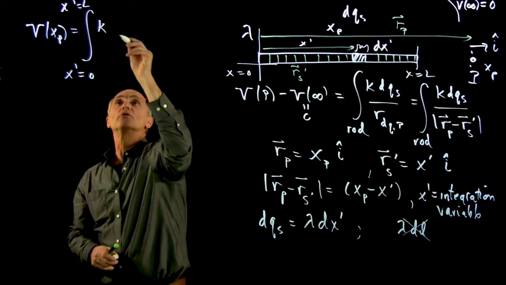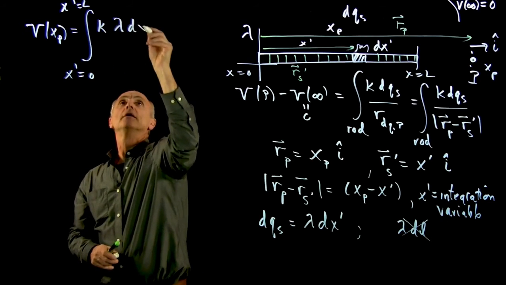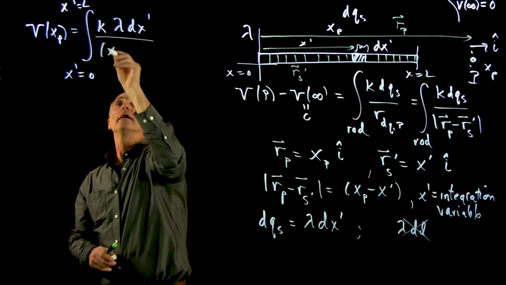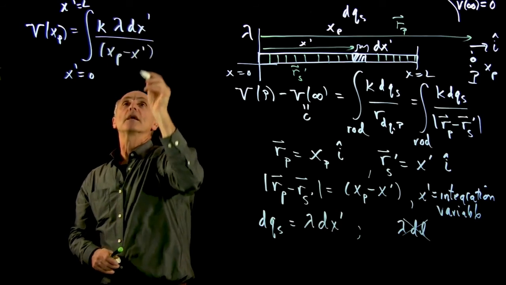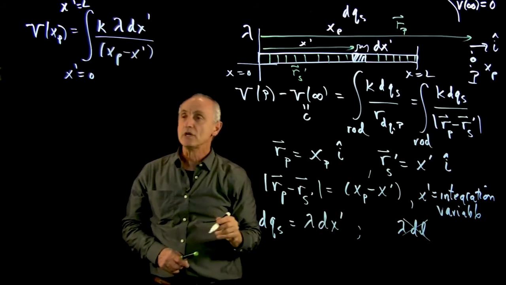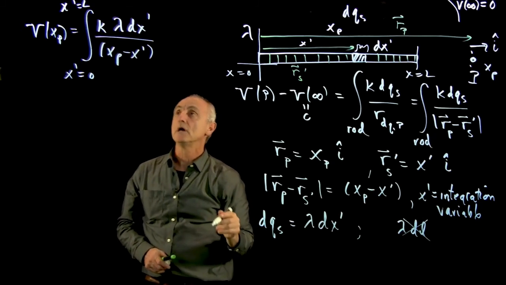And now we can use our results. We have lambda dx prime over x_P minus x prime. And here's an integral that's very straightforward to do.